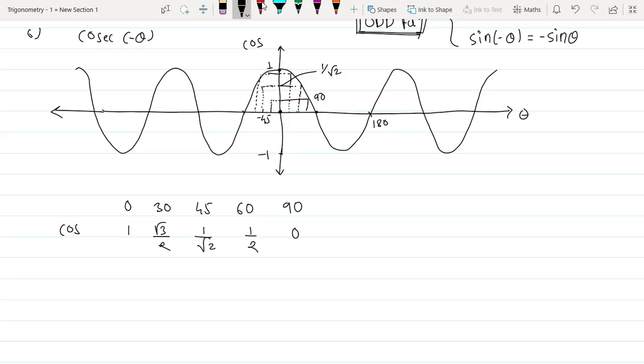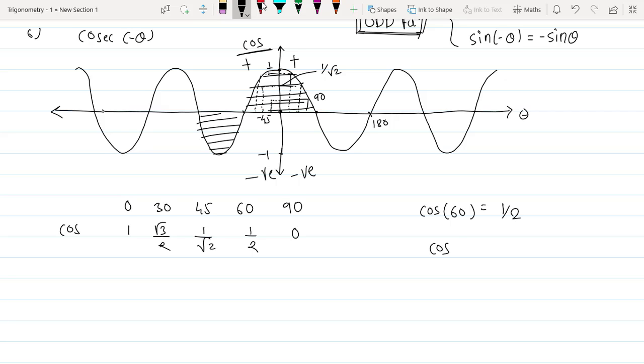See, the region above the x axis is all positive, and below is the negative region. This all is negative, this all is positive. So if I take 60 degrees, cos of 60 degrees is 1/2.